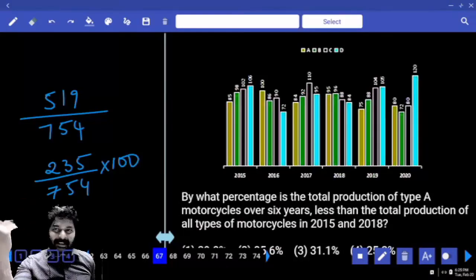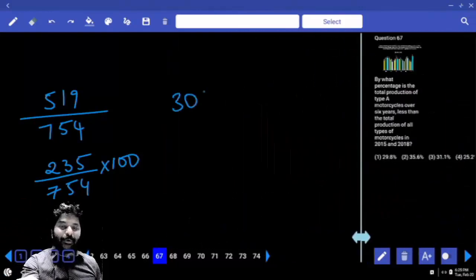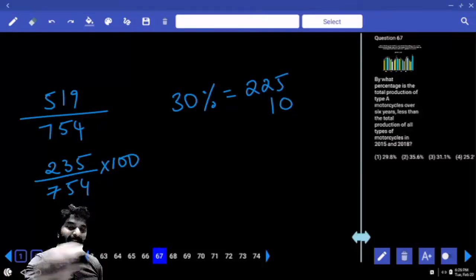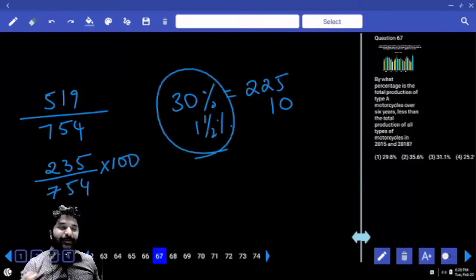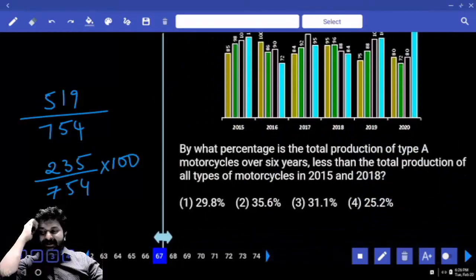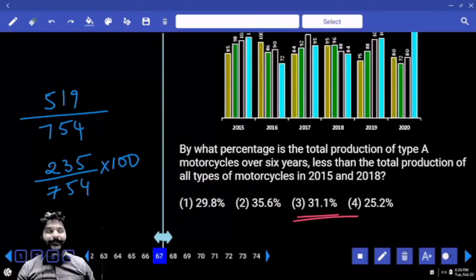Forget about 0.4, we can consider that later. 30% is equal to 3 times 75, that is 225 only, right? To get the numerator, we just need to add 10 more, which is approximately 1% or 1.5%, you can say, correct? So your answer must be close to 31.5%. Third option, final answer.